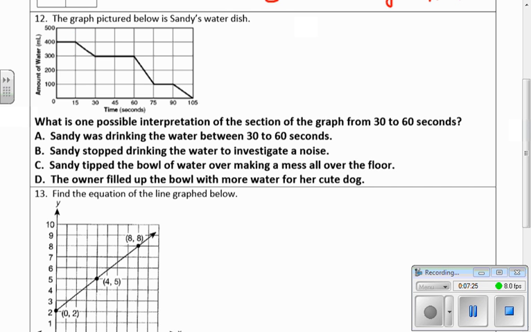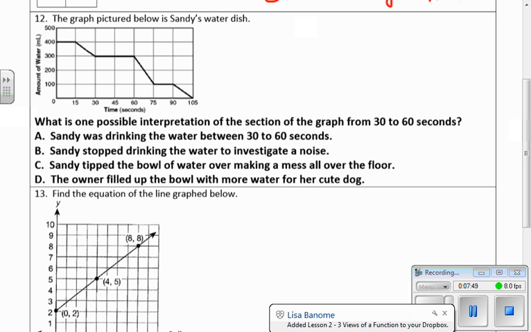Then from 30 to 60 seconds, the water stays the same again. So Sandy's not drinking anymore because the water is staying the same. From 60 to 75, it looks like he's drinking again, and it looks like he's drinking even faster than before because the line's going down quicker, it's steeper. 75 to 90, not drinking because the water amount is not changing. And then from 90 to 105, he's drinking again because it went down.